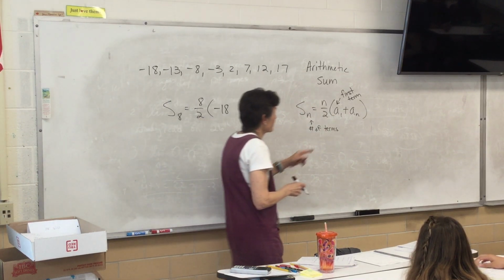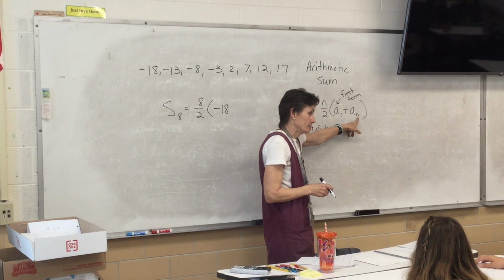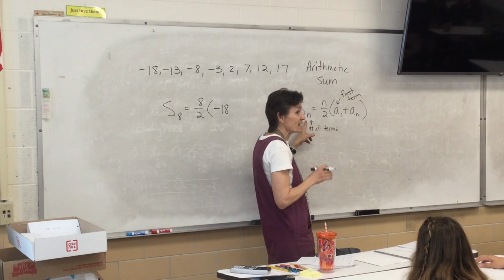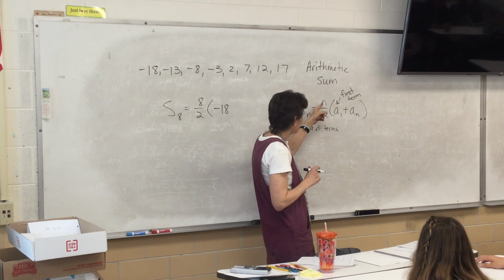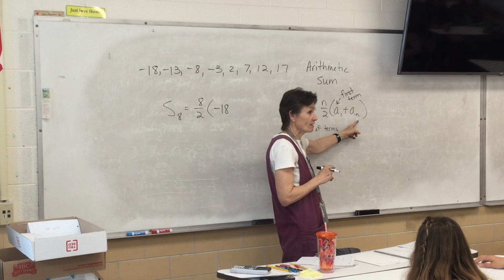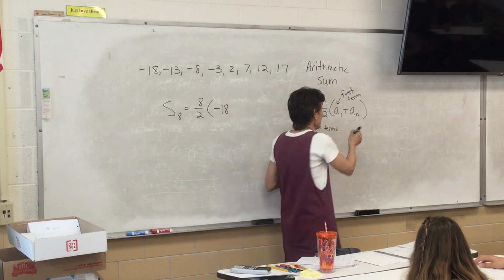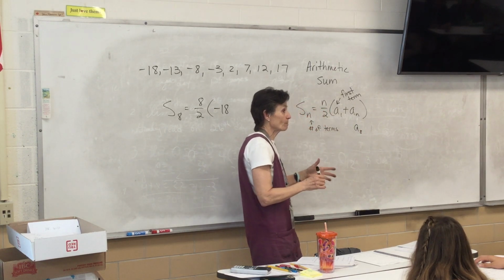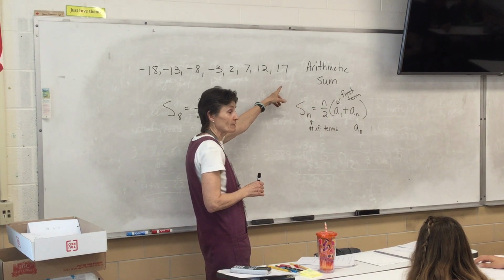Oh my gosh, there's another N. Remember, N is N in this whole problem. So if N was 8 here and here, it's also 8 here. What does A sub 8 stand for? 8th term. And what's our 8th term? 17.